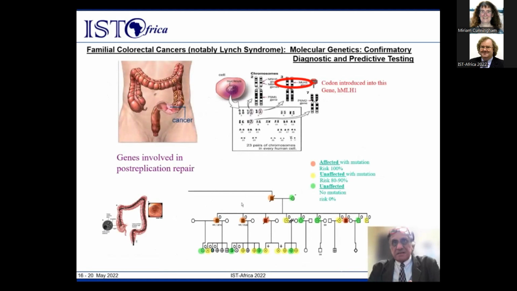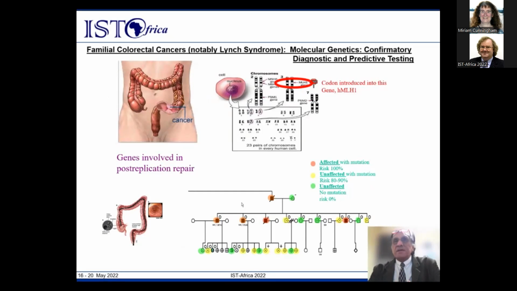So here's a practical slide of the work we do. So obviously, I mentioned we work on colorectal cancers. It's anywhere in the region of the colorectum. And understanding the genetic basis, as is illustrated here, in fact, clearly shows that there is a mutation in one of several potential genes.